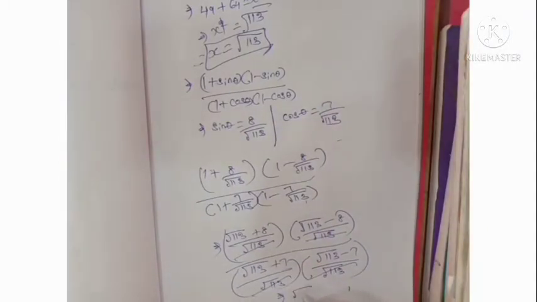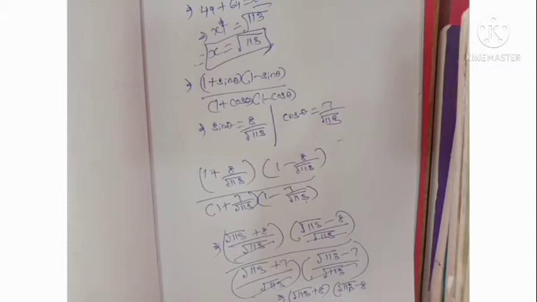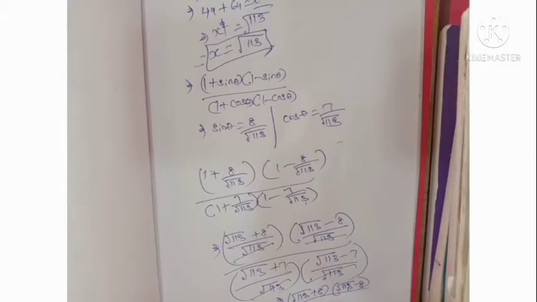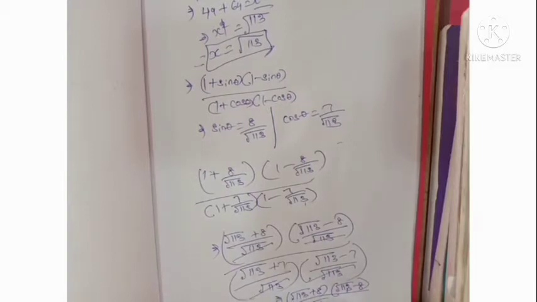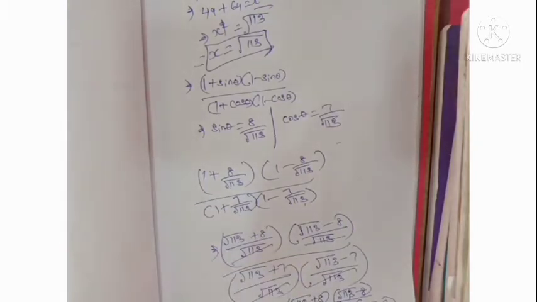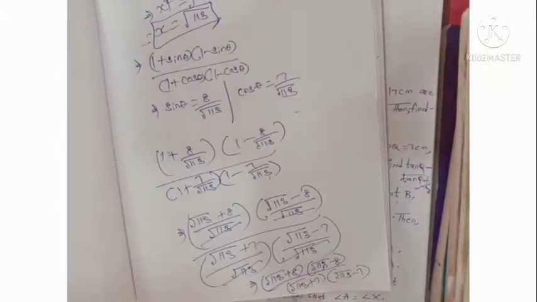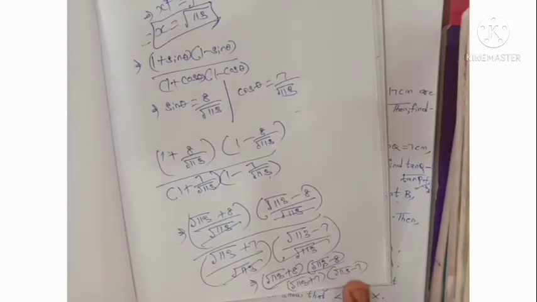Now what do we get? Root 113 plus 8 into root 113 minus 8, by root 113 plus 7 into root 113 minus 7.